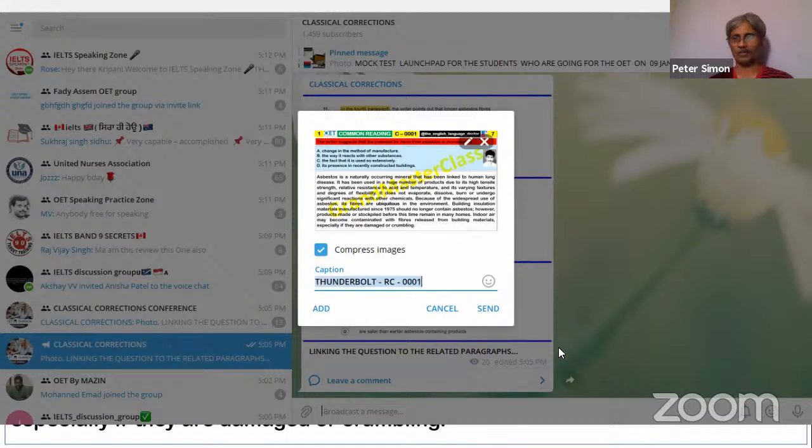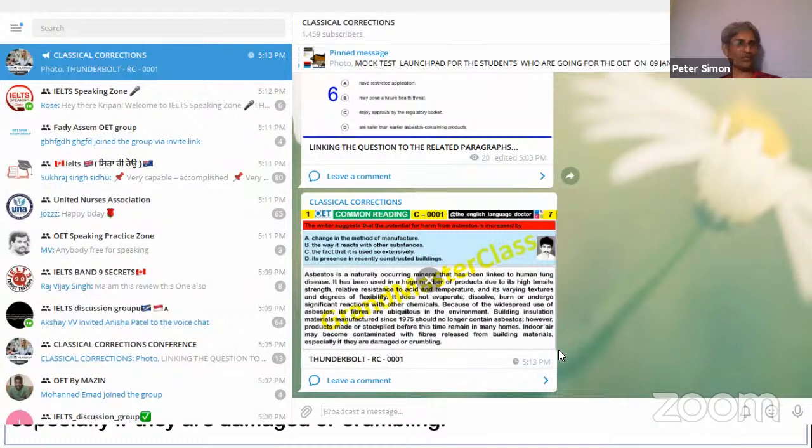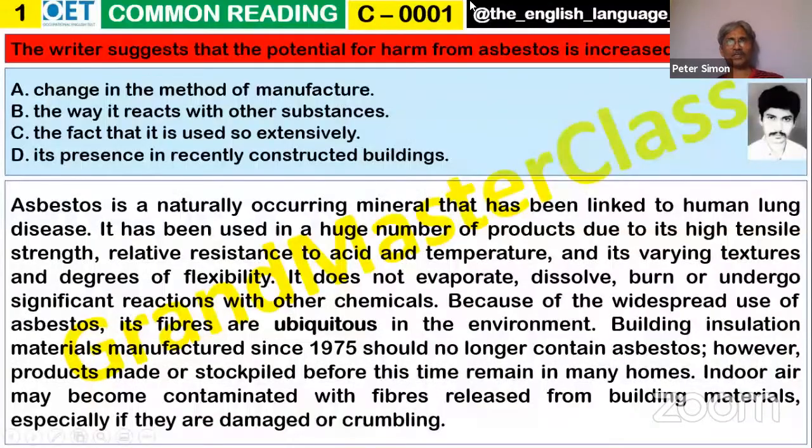Okay. Right. Thunderbolt. Reading. R stands for reading, B stands for part B, C stands for part C. So whenever, don't get confused. I have given the question there. So passing the screen. Yes, I have passed the screen now.